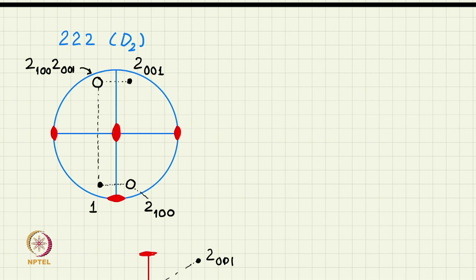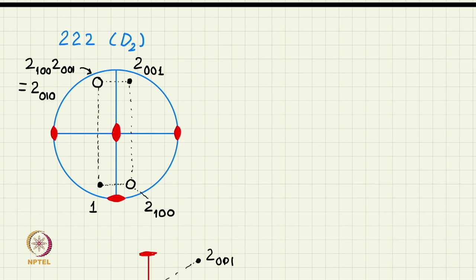So, the product of these two is equivalent to a twofold about the y axis, that is 2010. And you can see that the other 2 points are also related by 180 degree rotation about the twofold along the y axis. So, now my group is complete.